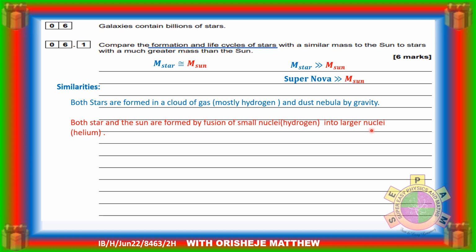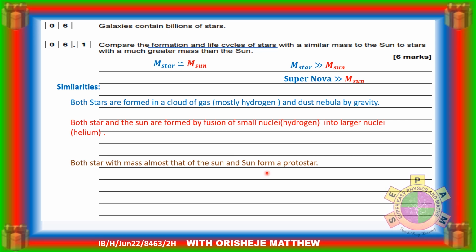Then the third point, both stars, with mass almost that of the sun or greater, form a protostar.